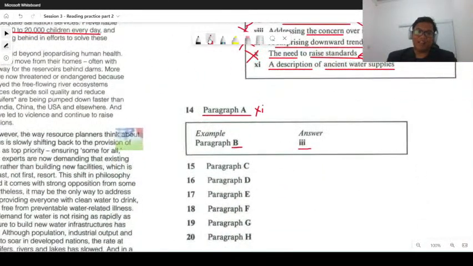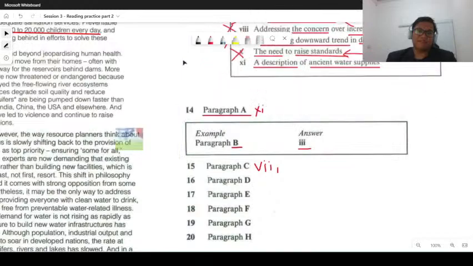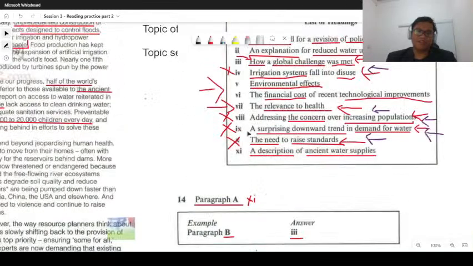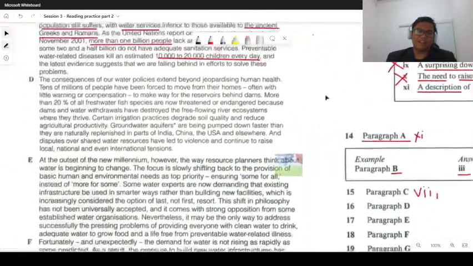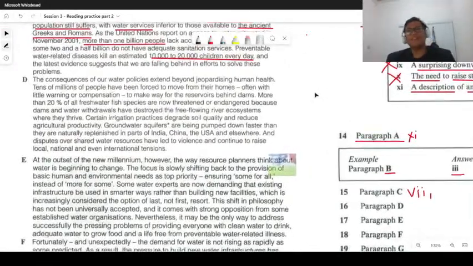So it's very highly likely that paragraph C's heading is actually number seven, this one, relevance to health. And that's basically one way of checking: eliminating and making sure that you are 100% sure of all the options that might be a possibility.